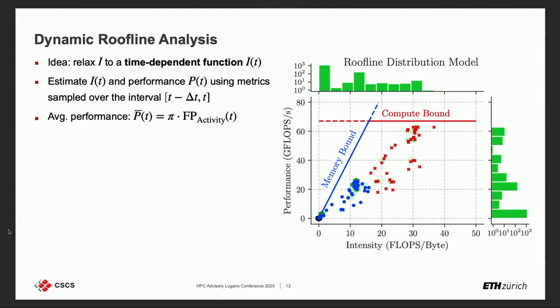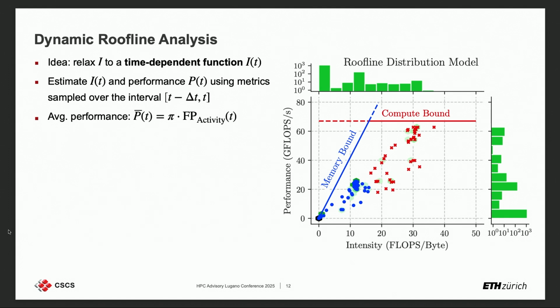So the average performance over our little interval is just the peak theoretical performance, for example, for an H100 GPU, it should be like 60 teraflops, multiplied by the activity of the given floating point engine, depending on whether you're doing 32-bit, 16-bit, or whatever precision, or if you're using tensor cores. Of course, your peak performance changes, but the idea remains the same.